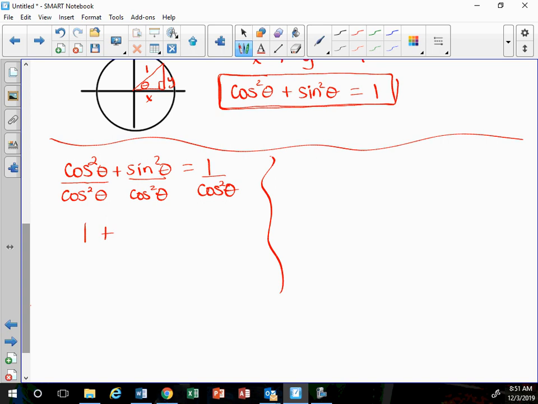Up above, you wrote what sine over cosine was equal to. Okay, and since these are both squared, what do you think it's going to be for tangent? Yes. And guys, are you writing the theta? You need to be writing the theta, okay? That is a part of it. And then what was 1 over cosine? Secant, so this is going to be secant squared. All right, so that is your second identity from this.